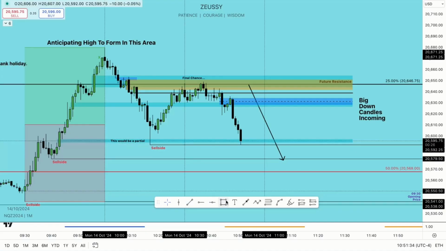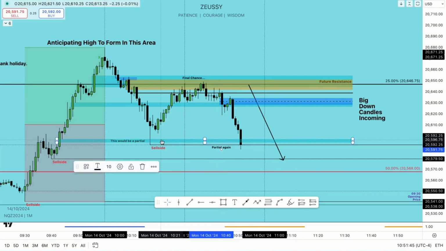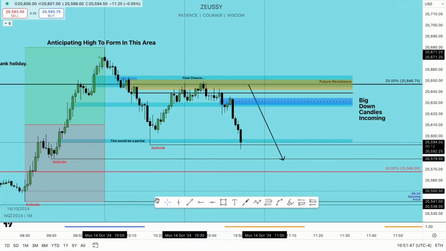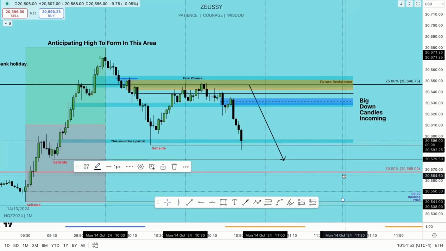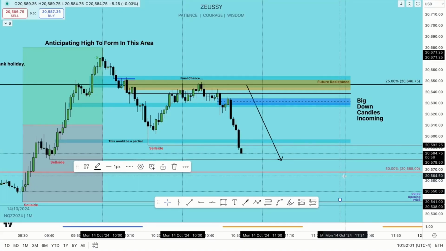That's a partial. That's the next partial.